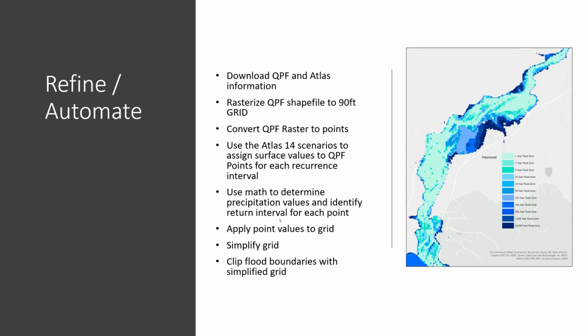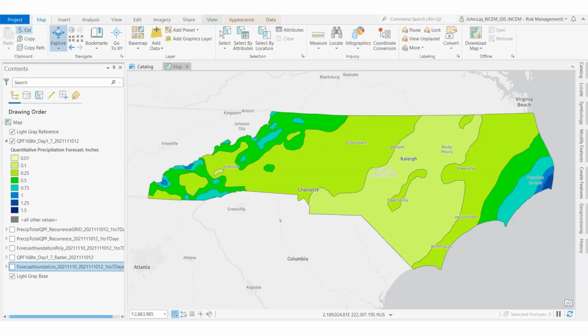But then I decided that I was going to take that information and refine it a little bit and make it a little bit better, and make it a little bit more localized than an entire county. And so what the tool does is it downloads the precipitation information.